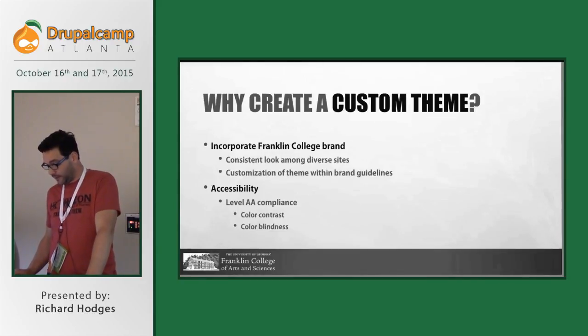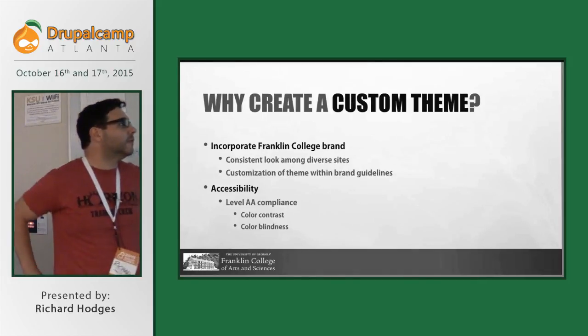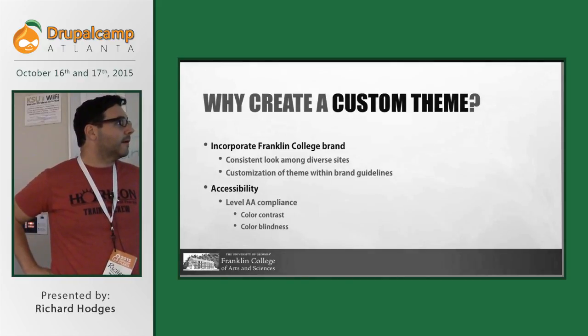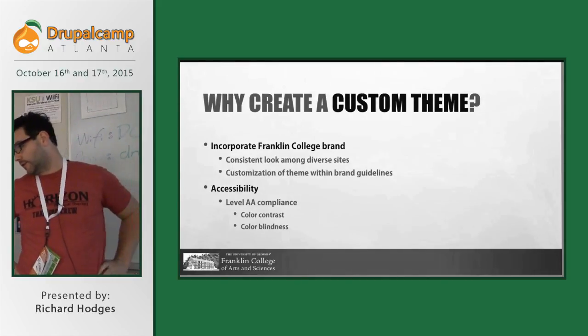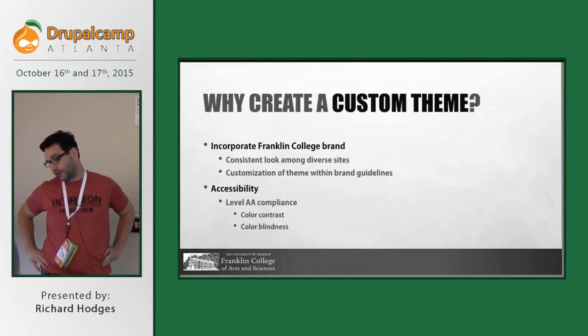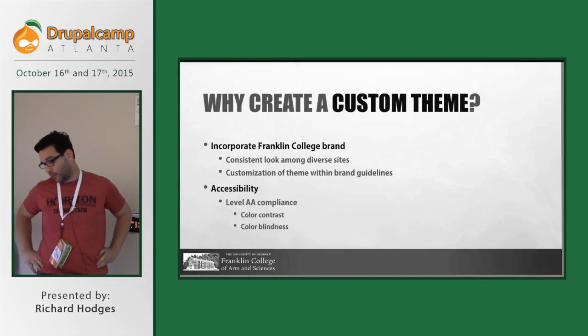My topic today is about creating a custom color picker for Franklin College websites. What we needed to do, within our branding guidelines, was create a consistent look among about 140 plus websites that we're working with.